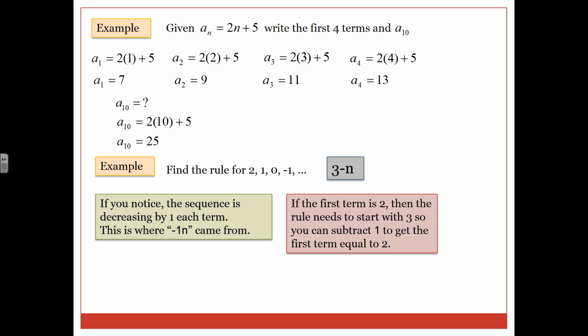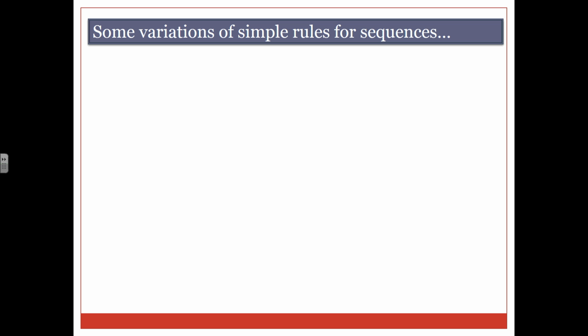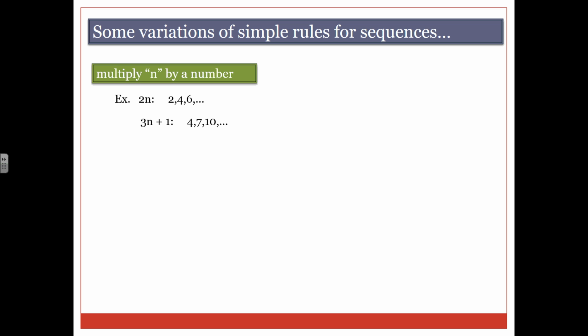But here are some hints, some variations of simple rules for sequences. First one, anytime you multiply n by a number, that usually demonstrates that you're increasing or decreasing by a constant value. So if you see here 2n, I'm increasing by 2 each time. 3n, I'm increasing by 3 each time.